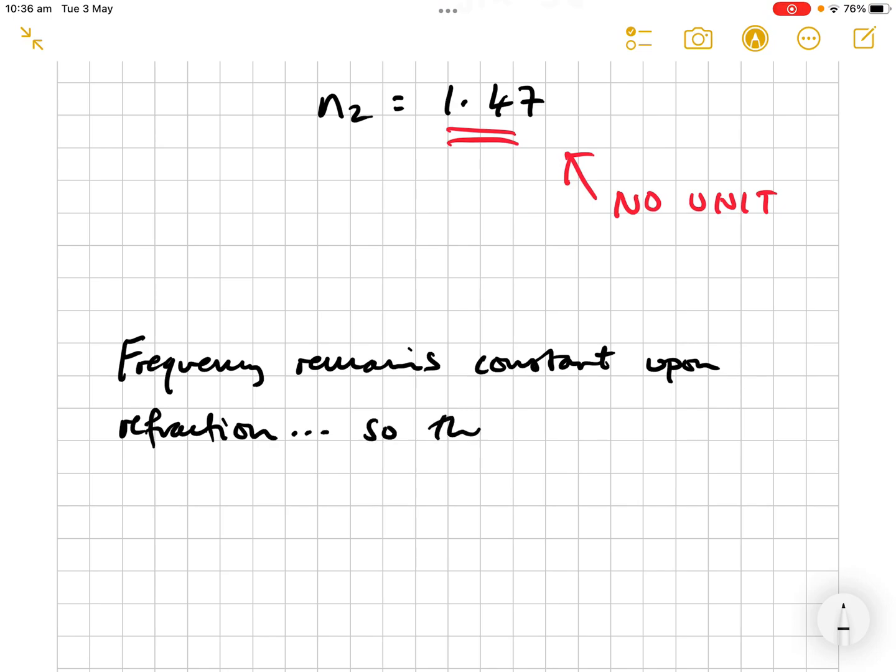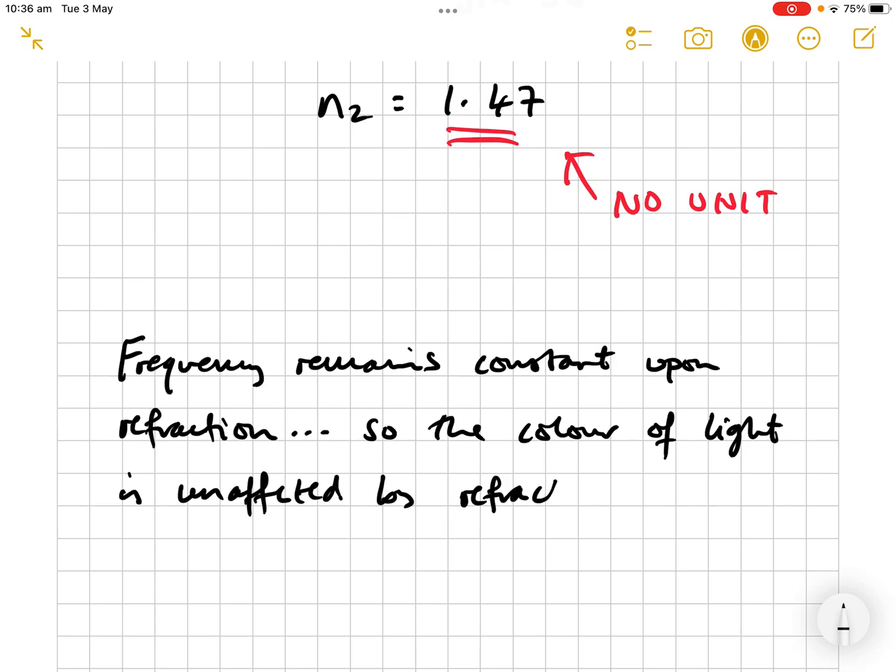So the color of light is unaffected by refraction.